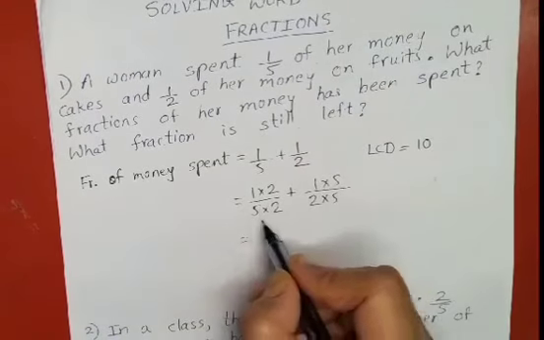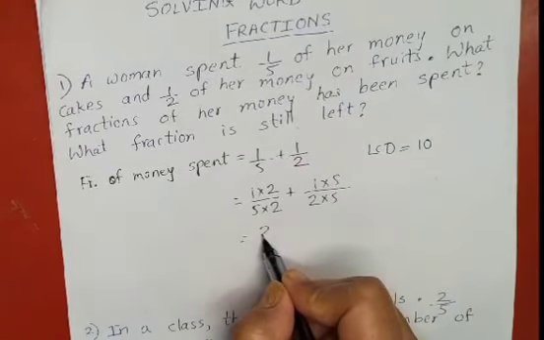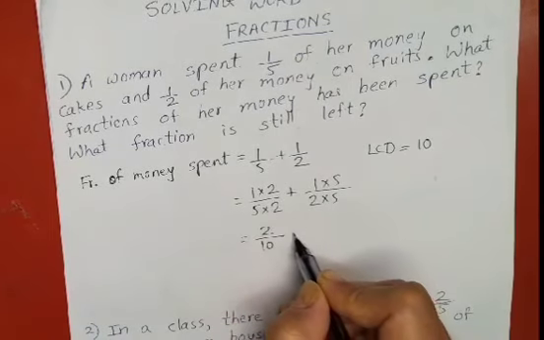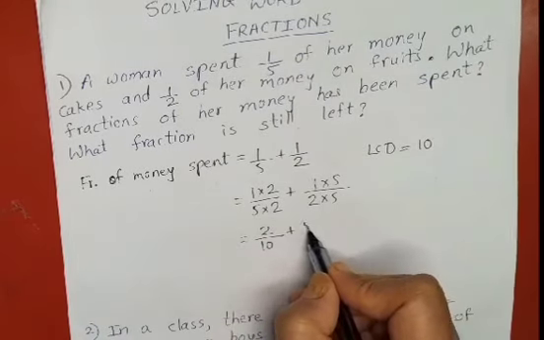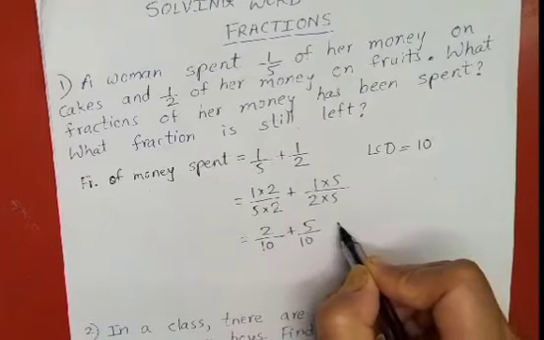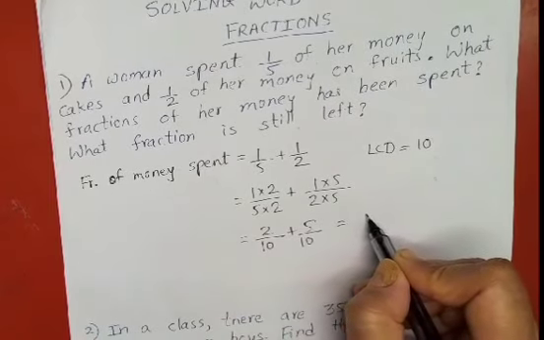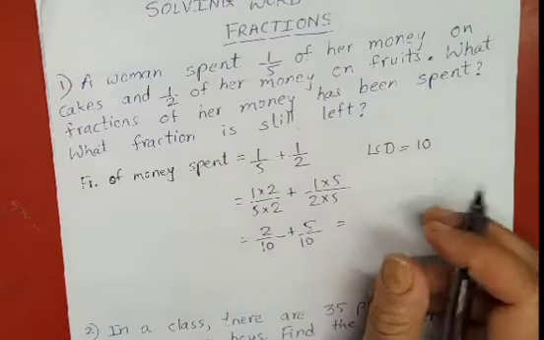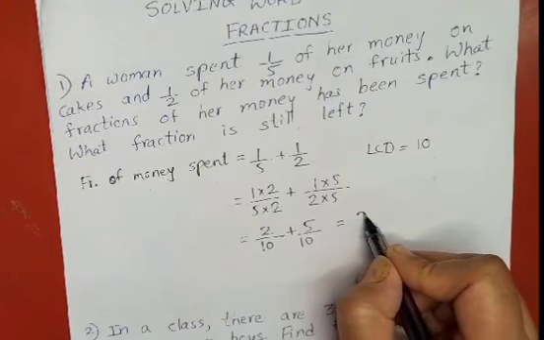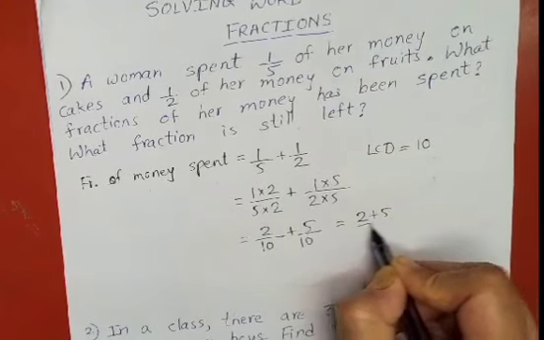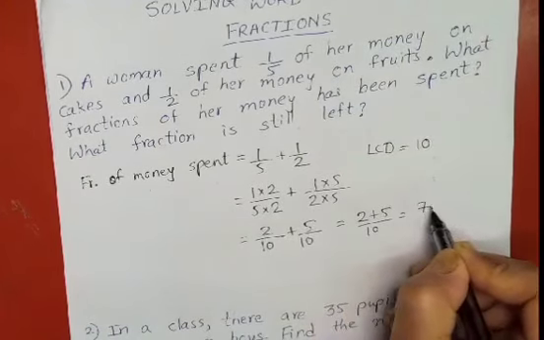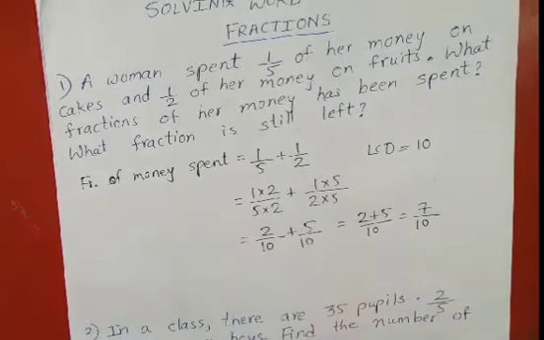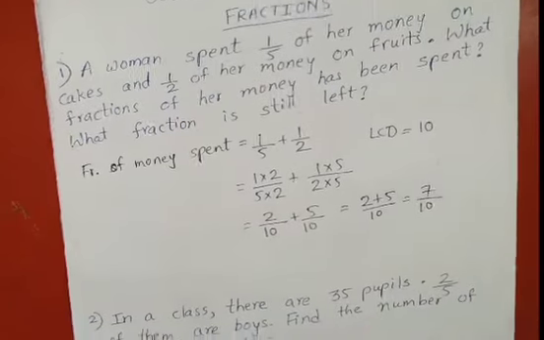So, here we get 2 over 10 plus 5 over 10. So, the total fraction of the money spent will be 2 plus 5 over 10, which is 7 over 10.